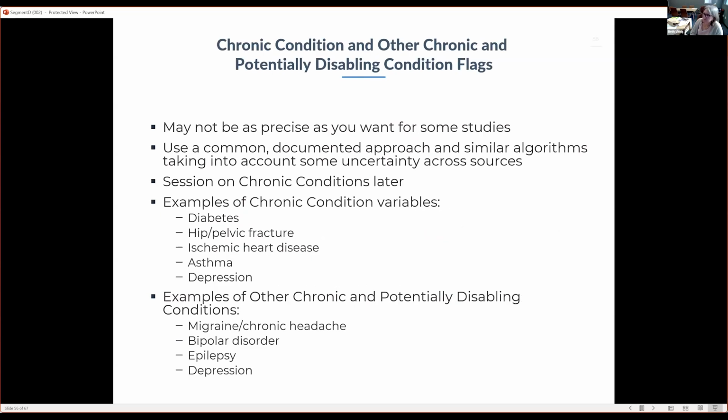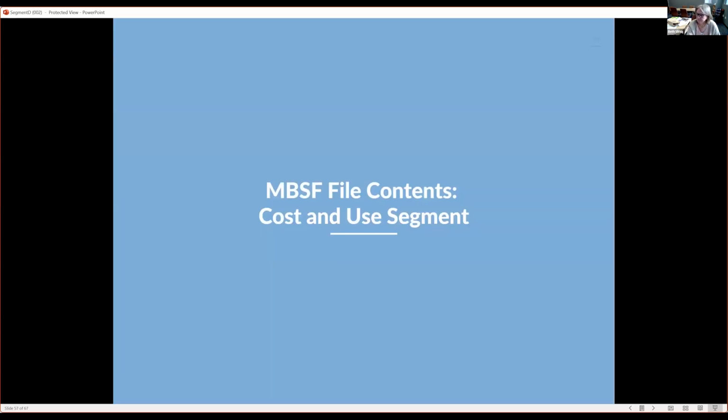Nate will be talking about this again on Thursday, but the advantages are they use a common documented approach in similar algorithms. Examples are diabetes, fractures, asthma, depression, bipolar disorder, and epilepsy. So they cover a huge range of chronic and acute conditions, but you do want to spend the time understanding how they're decided, and decide for yourself whether this is the right way to do it or not.